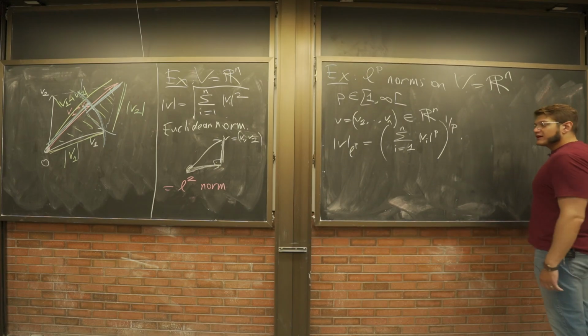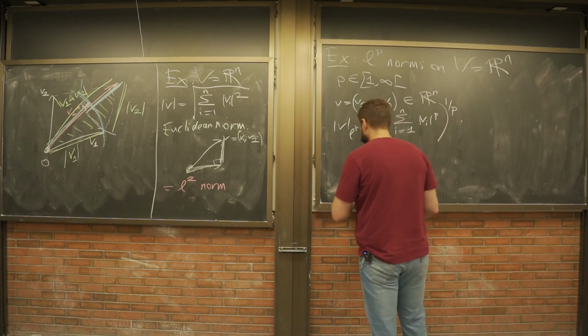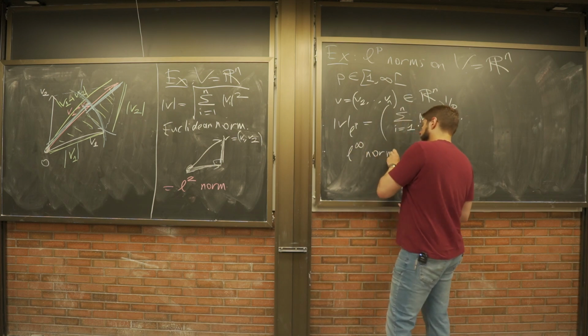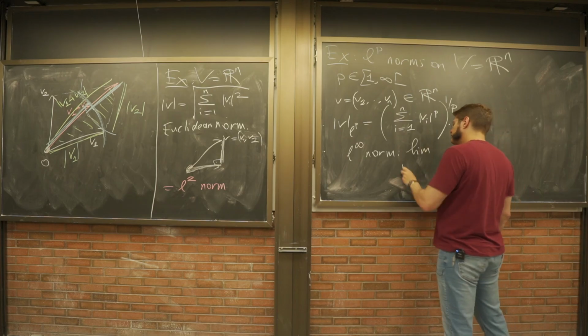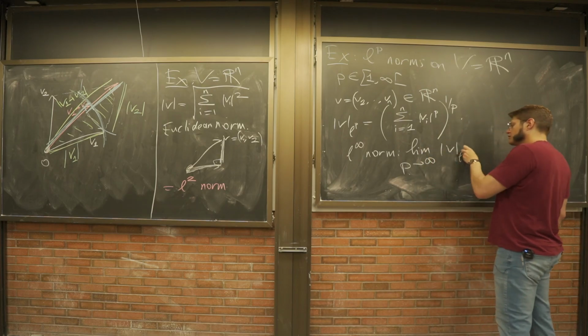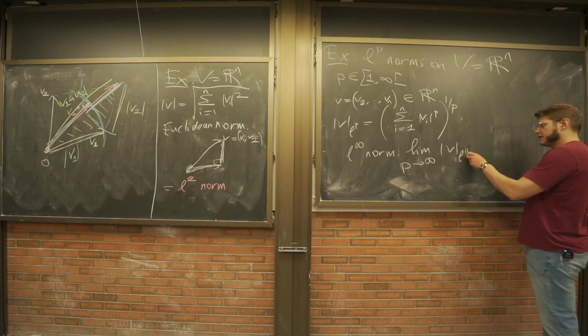If I do that, I get what is called the L infinity norm: the limit as p goes to infinity of the LP norm of v.